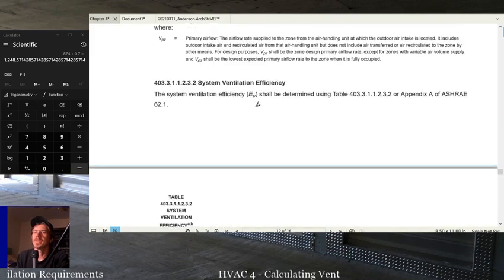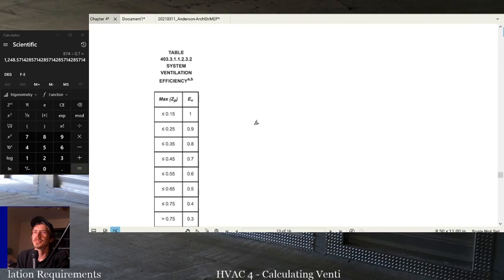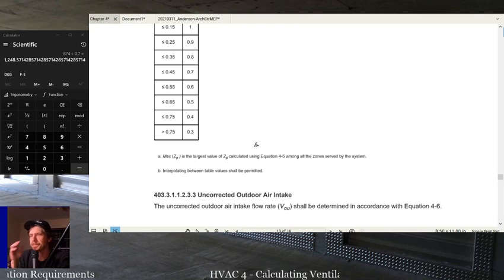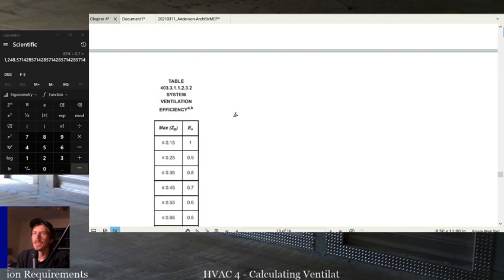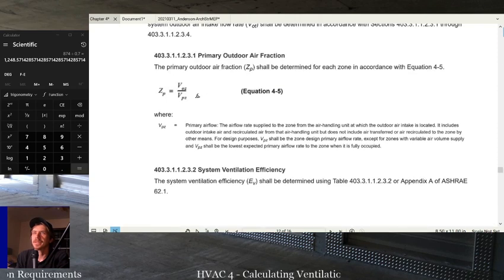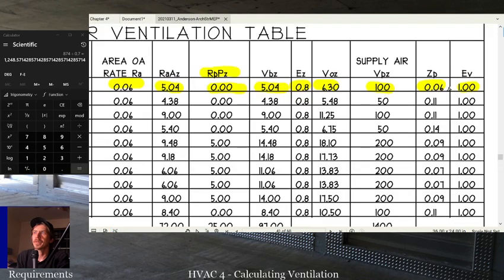EV was the system ventilation efficiency, which is basically another correction for the effectiveness, right? So it would increase the amount again, and ZPO is the primary outdoor air fraction. So, making sure you have enough outdoor air versus primary air.